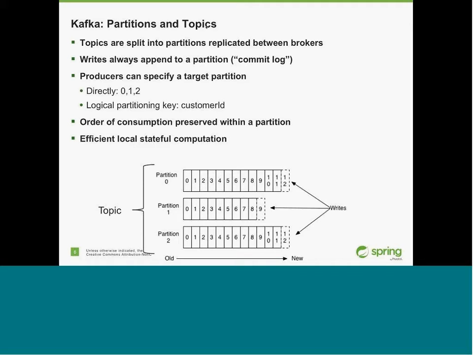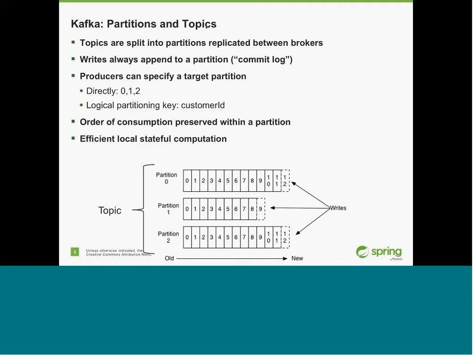On the logical side, producers can actually specify a target partition for sending data. You can either do that directly by just targeting a specific partition ID, or a logical partition key will be used for doing the partitioning.